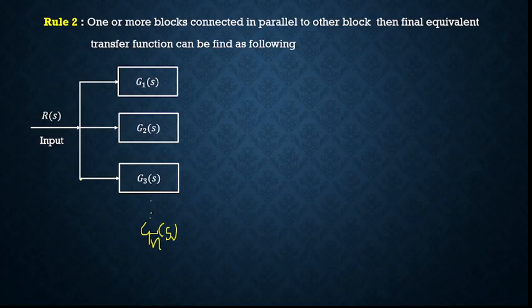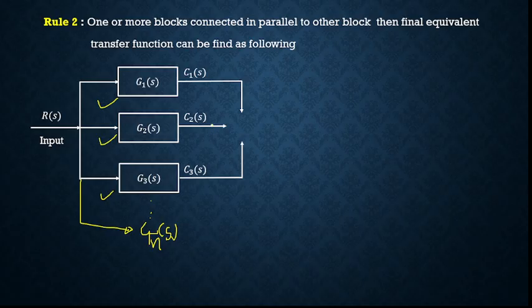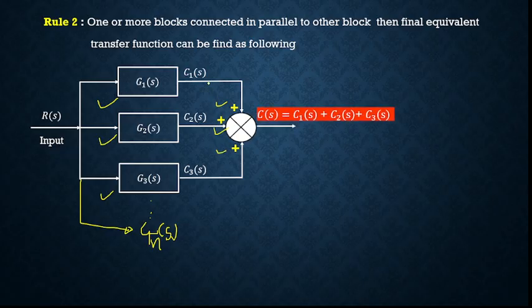For example, here only three systems are represented. The outputs of these systems will be C1 of S, C2 of S and C3 of S, and these are added with the summing block, plus, plus and plus. So the output here will be C1 of S plus C2 of S plus C3 of S.